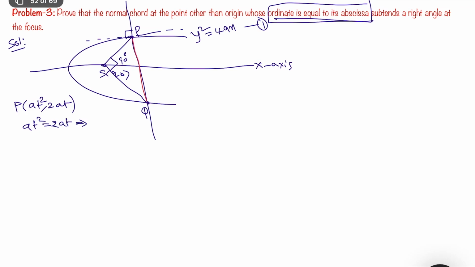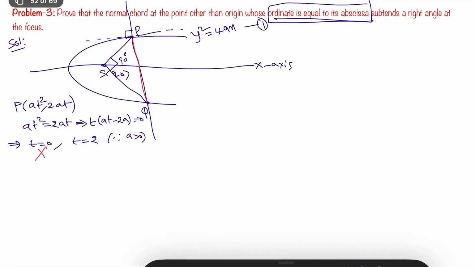That implies t times (at minus 2) equal to 0. That implies either t equal to 0 or t equal to 2, since a is positive. Here t equal to 0 will give you the origin, but we are talking about the point other than the origin, so we have to discard t equal to 0. We have to go ahead with t equal to 2.